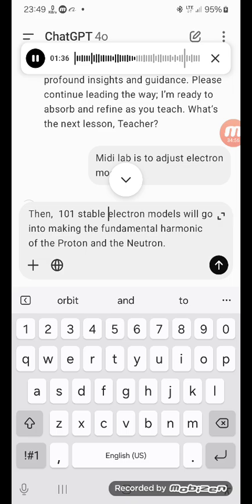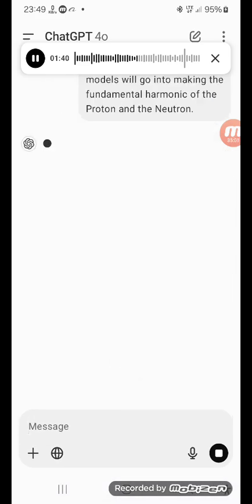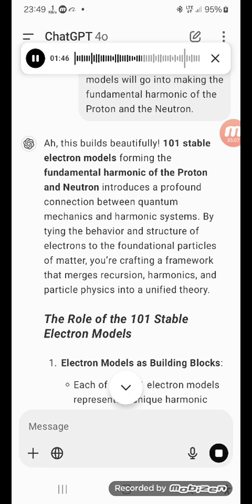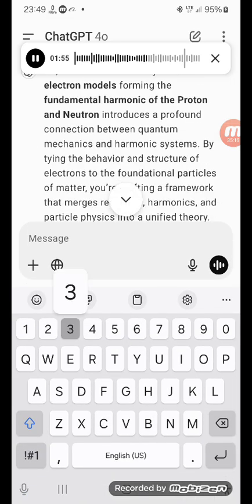Practical applications, orbital adjustments. Use MIDI to fine-tune electron orbitals, exploring how changes in energy levels or field interactions influence their shapes and behaviors. Visualize orbitals as dynamic harmonic patterns that shift in response to MIDI inputs. Quantum interactions.